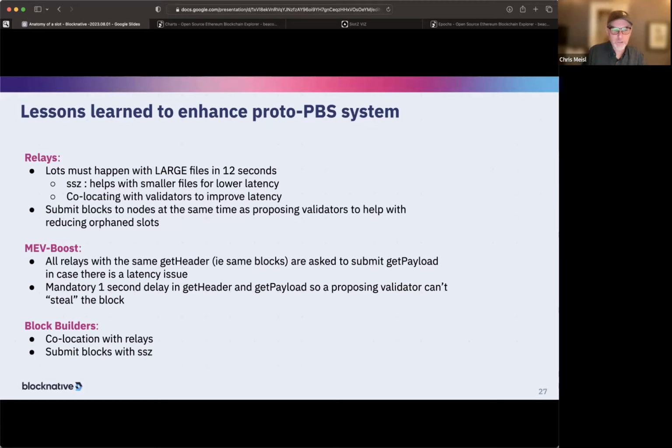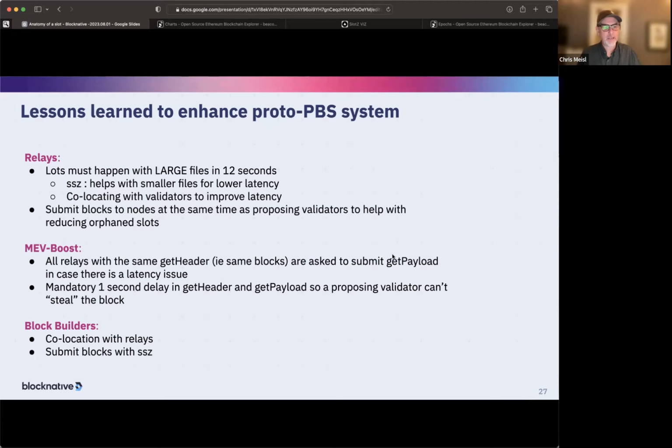And then MEV-Boost has been updated to further improve any kind of latency issues. Remember that MEV-Boost has this interesting property where they have a function that calls to get the bid, but anybody can do that, and that's an unsigned request. So relays are serving bid requests from a lot of people, from builders, from validators, from everyone. So there's also a latency issue there because they're probably serving thousands of get header requests per second.